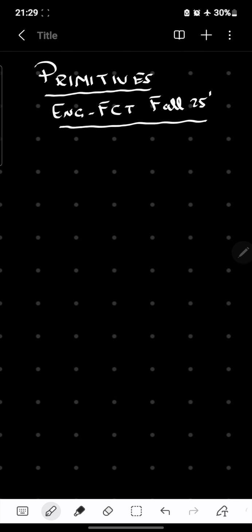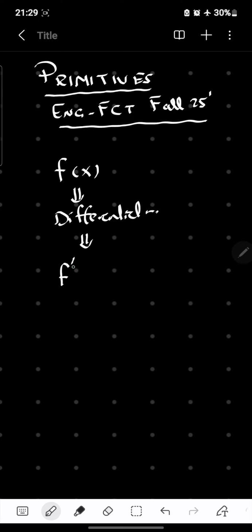I think you know very well that if we have a function called f of x, and we did a process called differentiation, we get f prime of x.